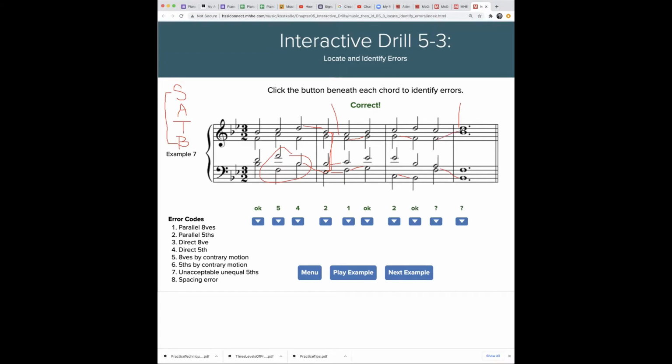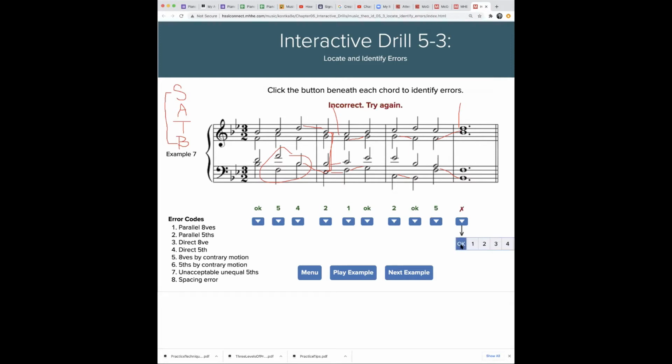No, I think that involves diminished, right? You can go the one way but not the other. I think it's maybe contrary motion. So you're saying number 5? Yes. And then this has to be okay, doesn't it?